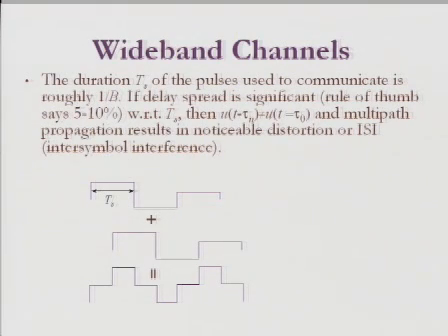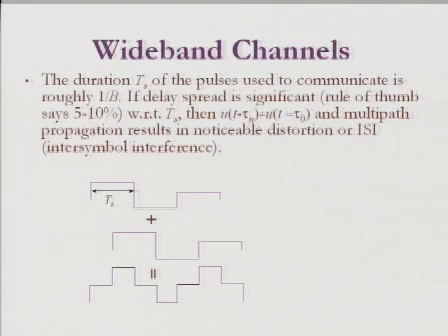Let's imagine two particular multipath components, this one and this one. You can see that the delay shift is now pretty significant. The delay difference is about half of the symbol duration. This is the symbol time, and about half of it is the delay of this second component.